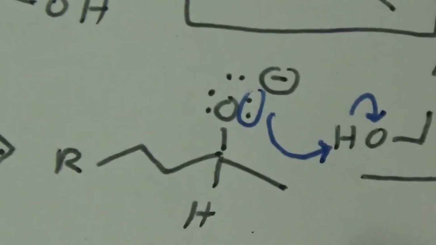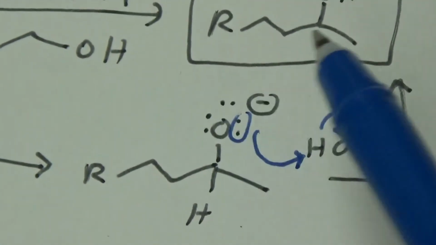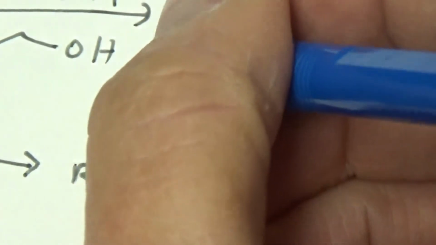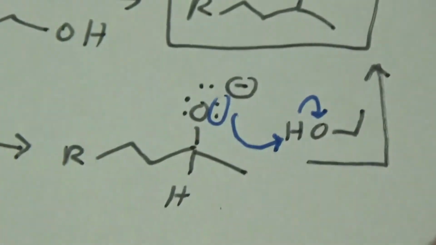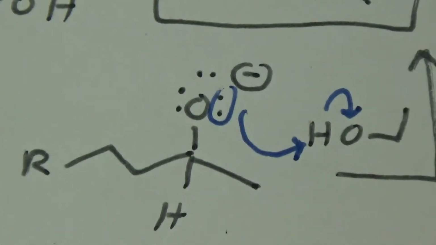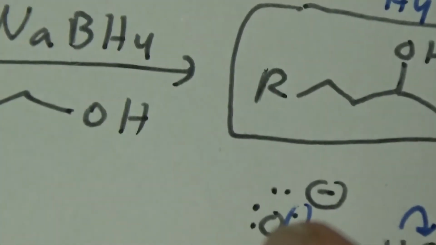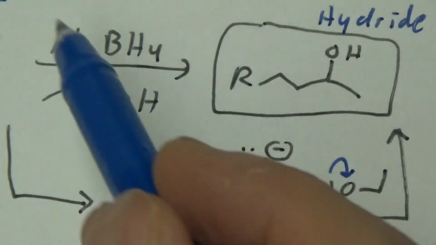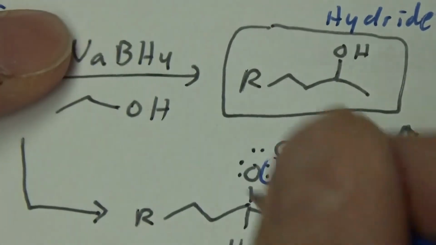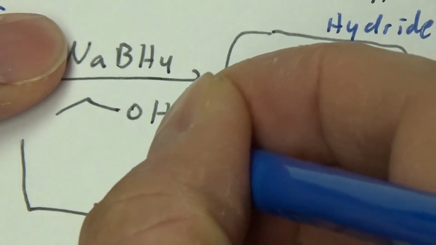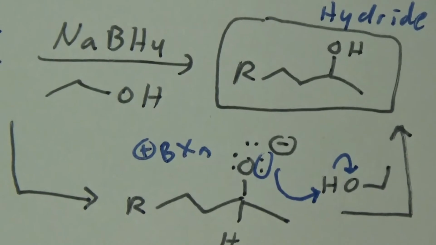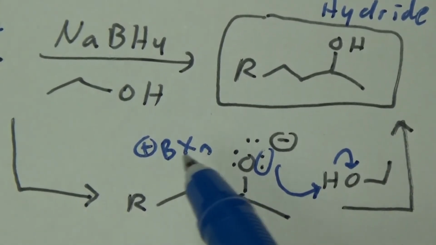Is there a counter ion for the O minus? There is. We often just omit it, but I'll draw it in this case. The boron actually has a counter ion. We can call it BXN plus, where BXN is just various things around boron, with a positive charge.